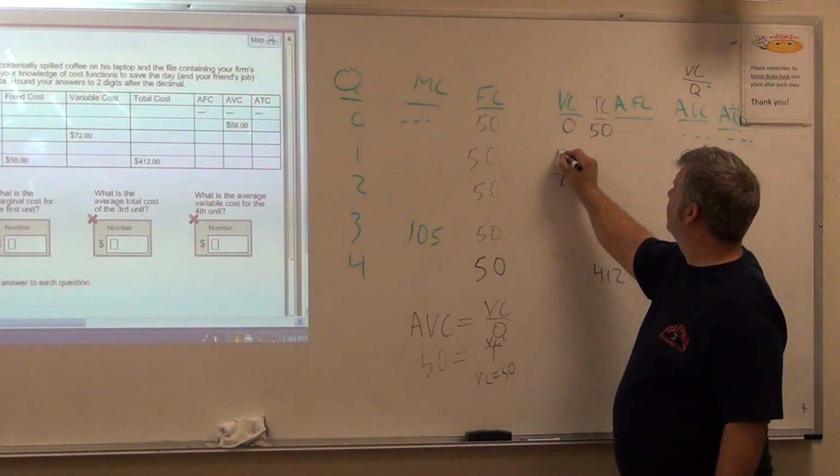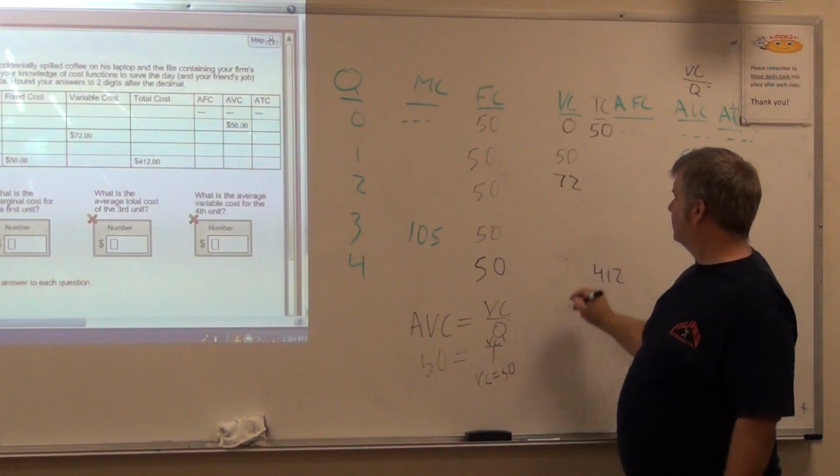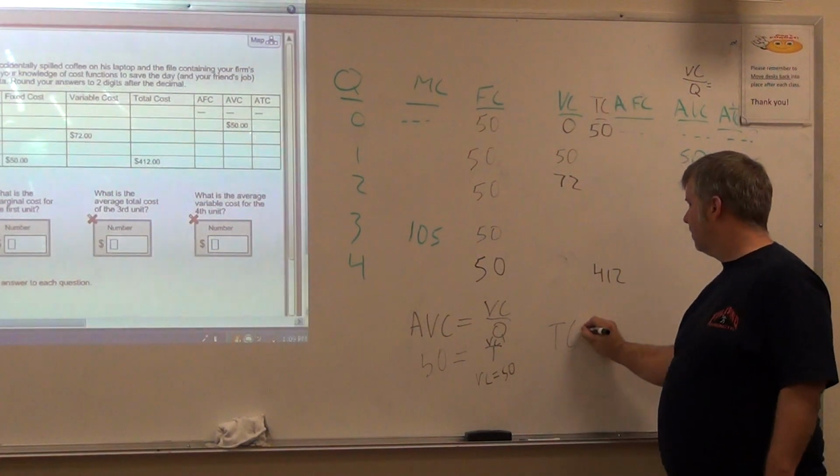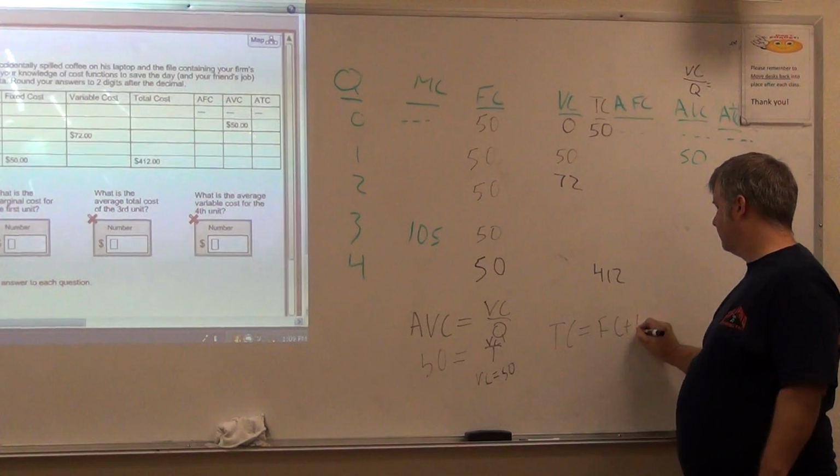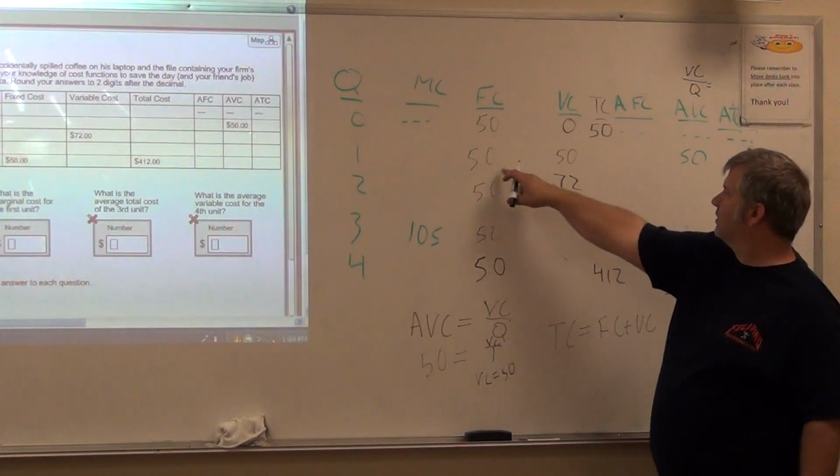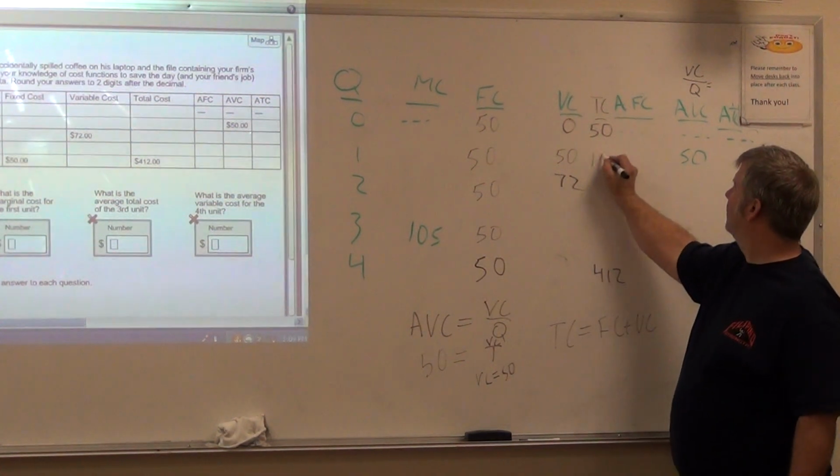So we put that in here. Total costs are going to be equal to fixed costs plus variable costs. In this case, our fixed costs are 50, our variable costs are 50. We know this is 100.